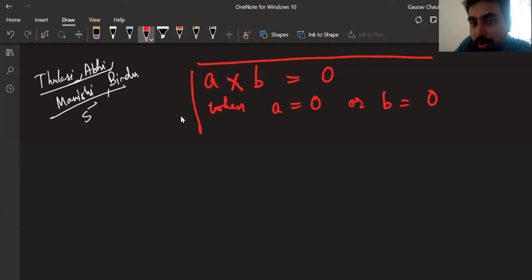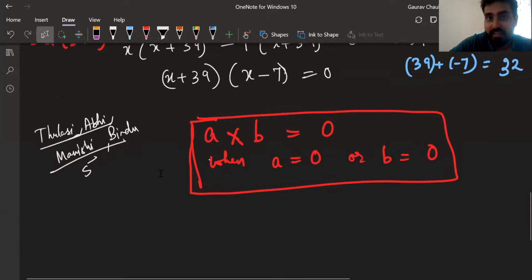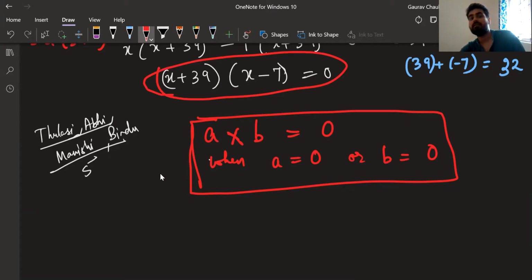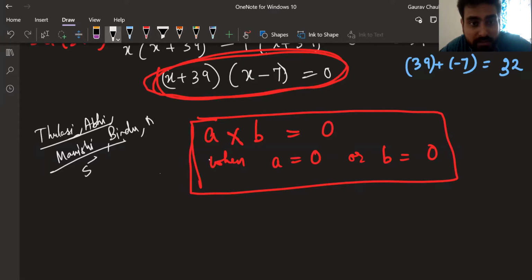I want you to put this in a box in the corner right now. If this is the case, then what can I do with this equation? Can someone tell me? Yes, Dikshit, you are absolutely right. I like your correction. I'm going to give you 5 here.